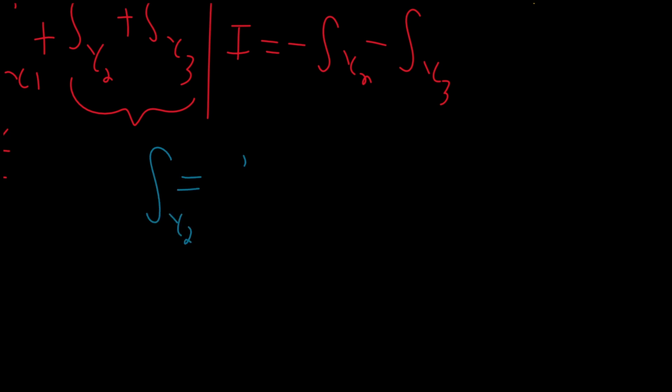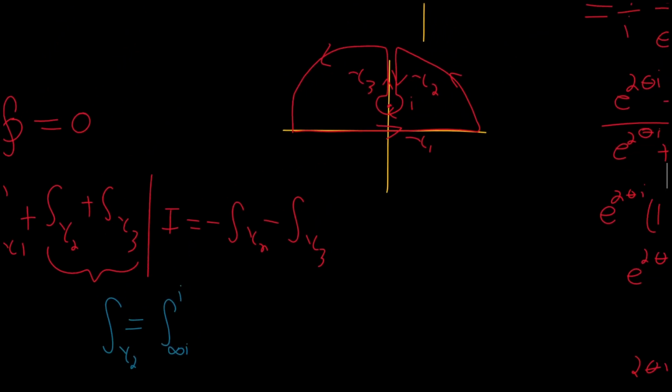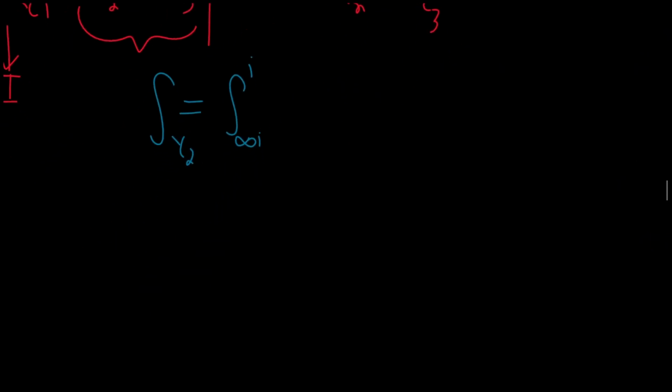This right here is going to be equal to the integral from infinity I to I. And again, that's just because we're going from infinity, but infinity is going to be along the imaginary axis, so we add an I there. And then all the way to I, because we're integrating downwards. So that right there, and then we're going to have our arctan squared of some z divided by z squared dz.